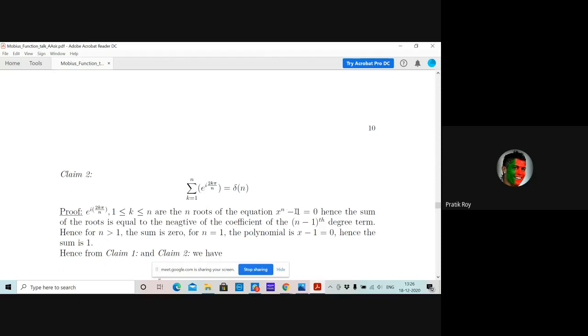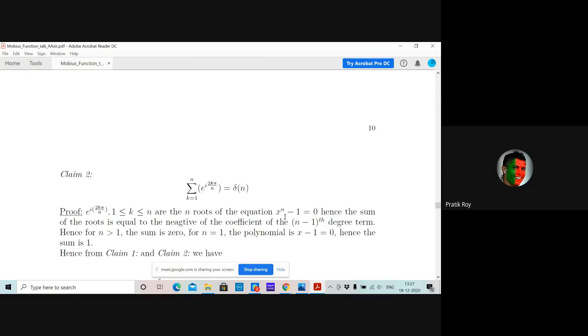If n is at least 2, take x squared minus 1: the second highest term would be the term involving x, but that is not here. So the coefficient of that second highest power is 0 if n is greater than 1, and the sum of the roots of this polynomial is 0.